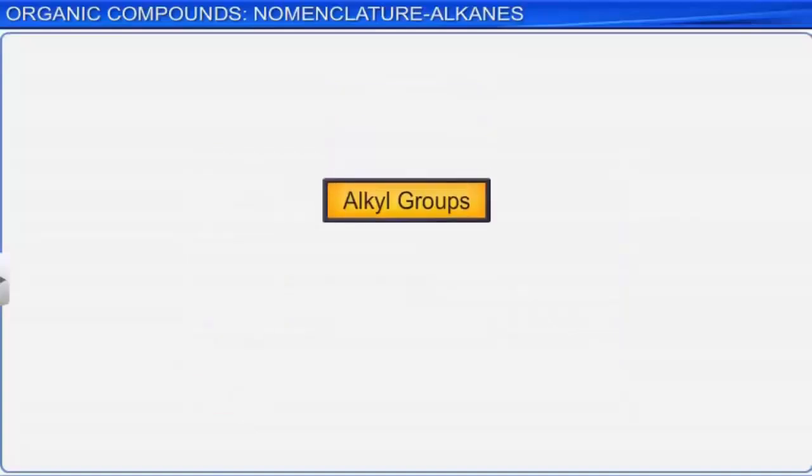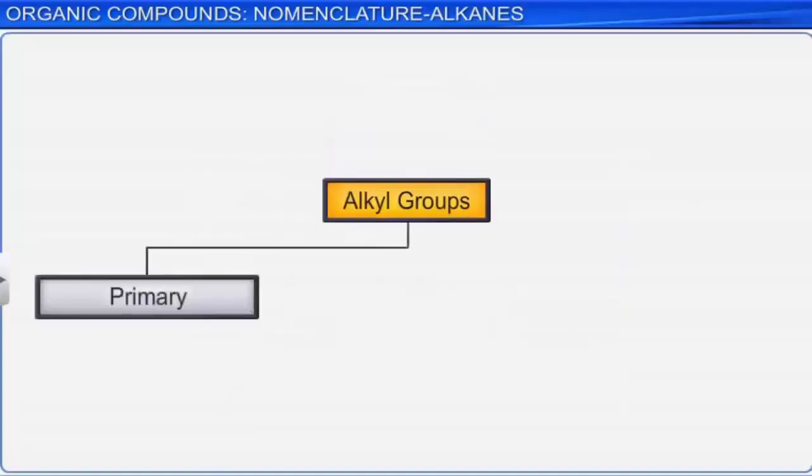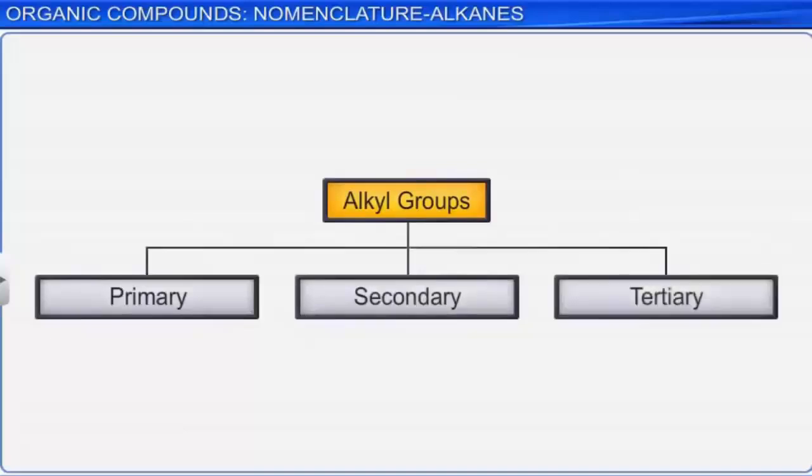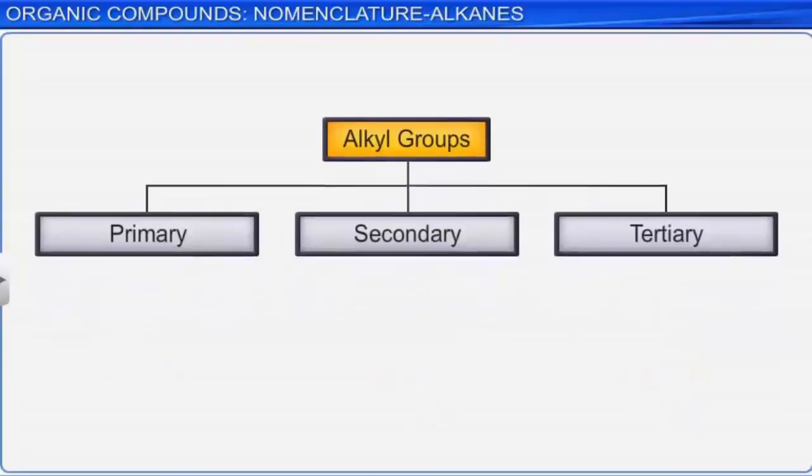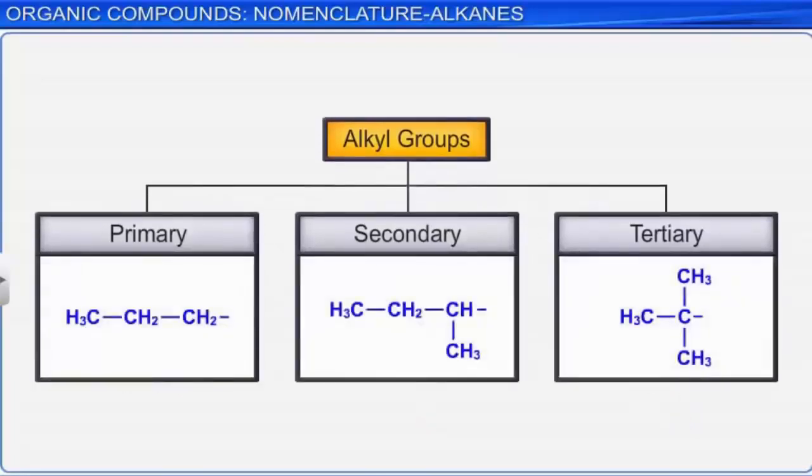Alkyl groups are called as primary, secondary, or tertiary based on whether 1, 2, or 3 other carbon atoms are directly attached to the carbon atom in the chain. Alkyl groups derived from the saturated hydrocarbons having minimum 3 or more carbon atoms can have the following possible branched structures.